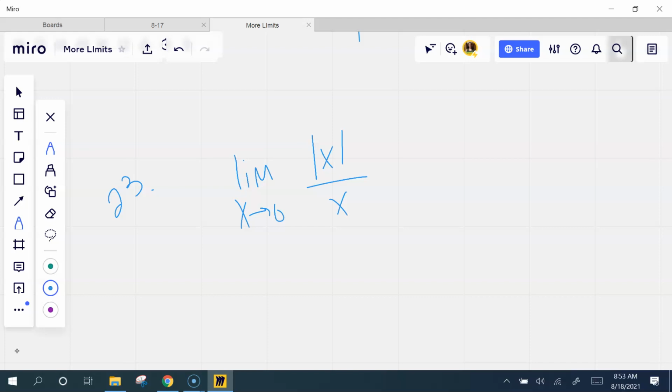All right, for 23, I would probably graph this one and look at it on my calculator. So if you don't know how to do the absolute value, go in Y equals and then hit math. Go over to NUM.